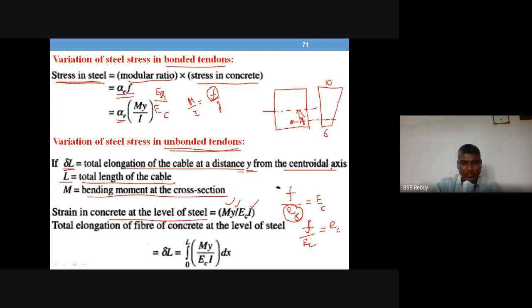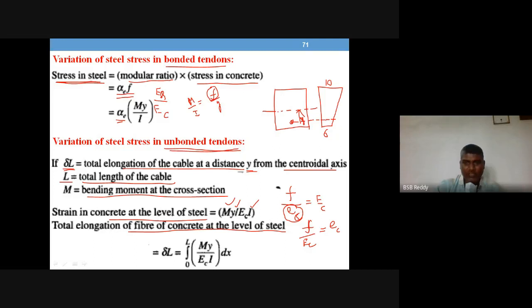Now this is for an element of length dx. If you take an element of length dx, consider the total elongation of the fiber of concrete at the level of steel. You are finding it just at this level.